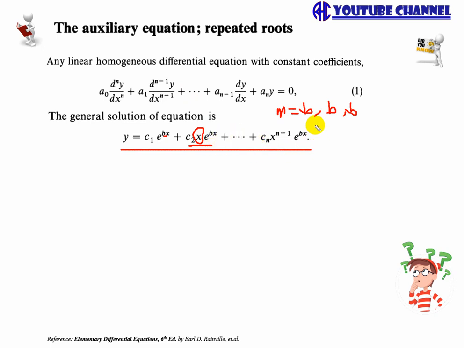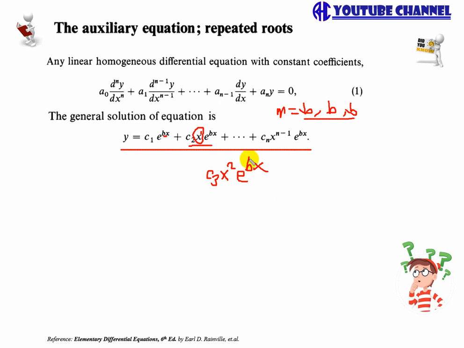Tapos, for example, tatlo sila. Yung kasunod na yan, magiging, for example, C3 times x. Di ba naka a raised to 1 lang yan? So, dapat maging x squared a raised to bx na daw yan. Ibig sabihin, habang paparami yung same na roots na makukuha ninyo, magdadagdag kayo ng exponent sa x.